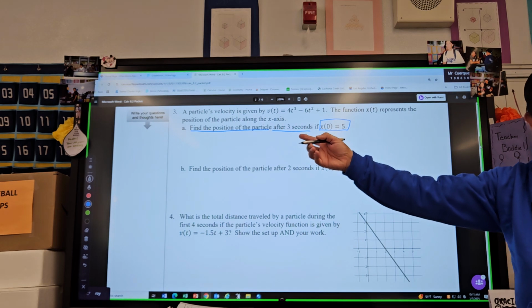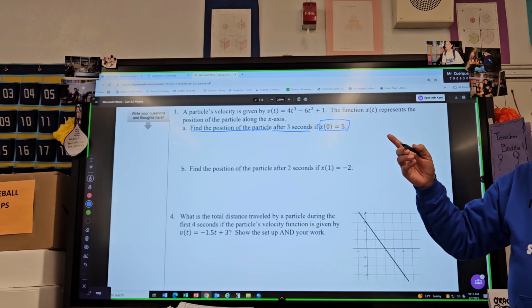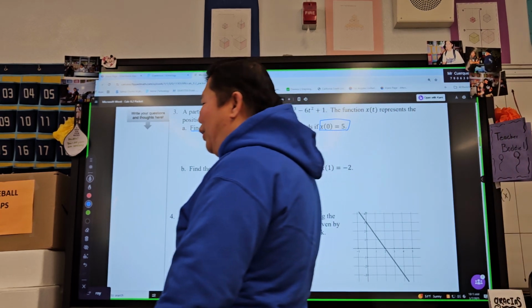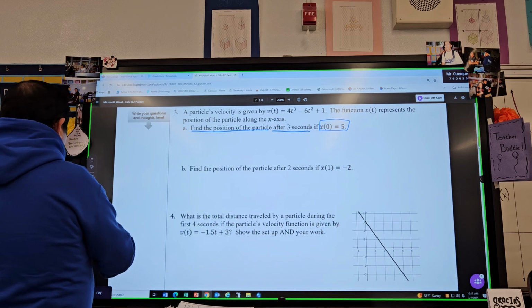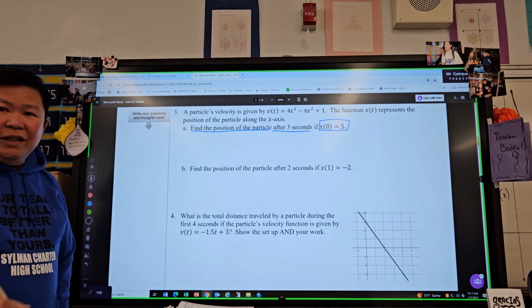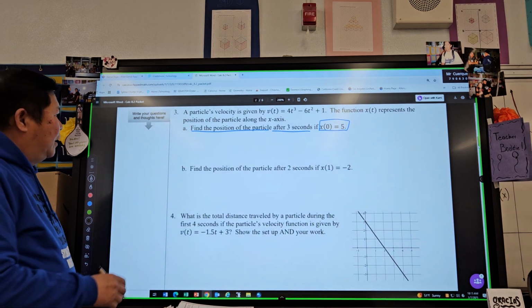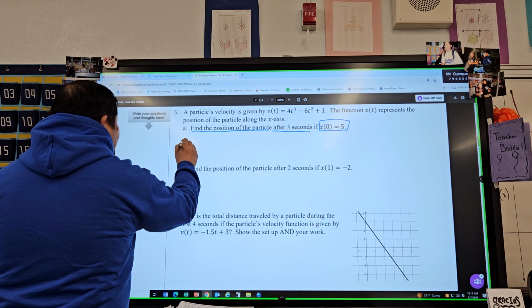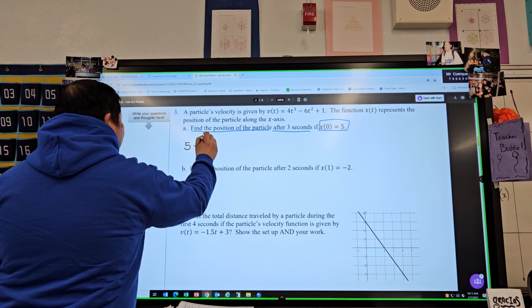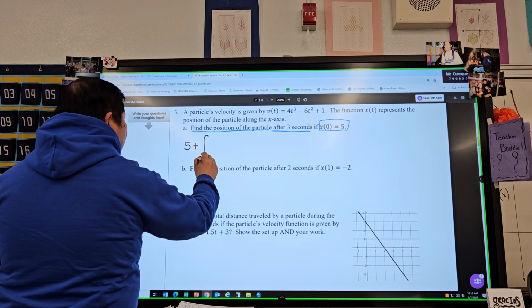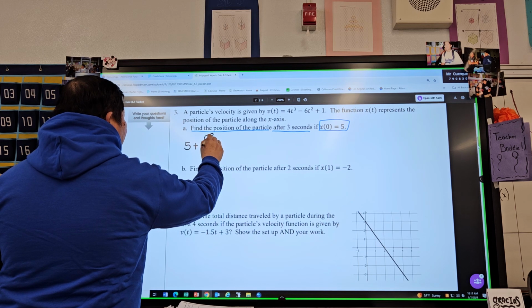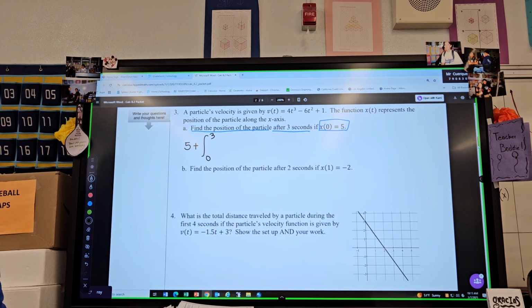So if we set this up, there is an initial 5 plus the integral from 0 to 3. You get me? That's what it means.